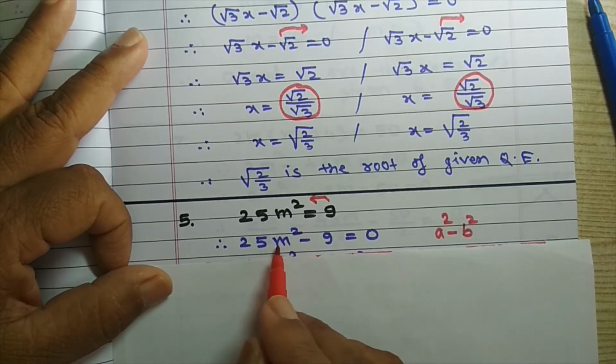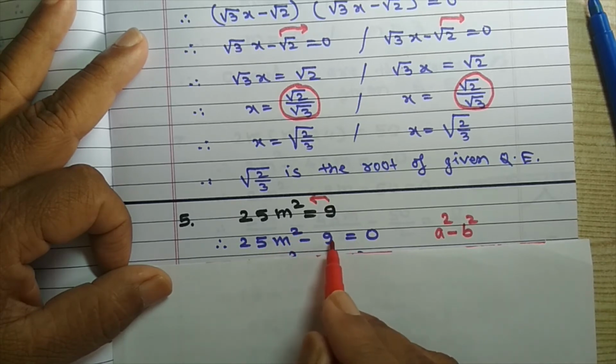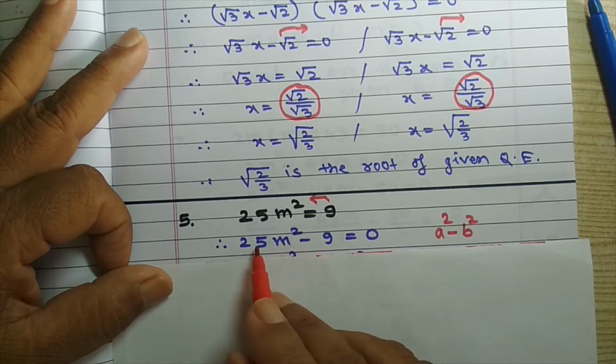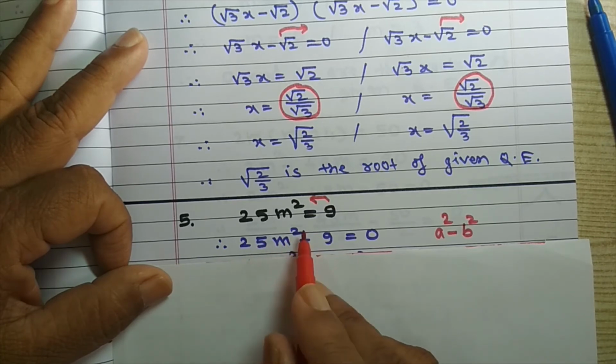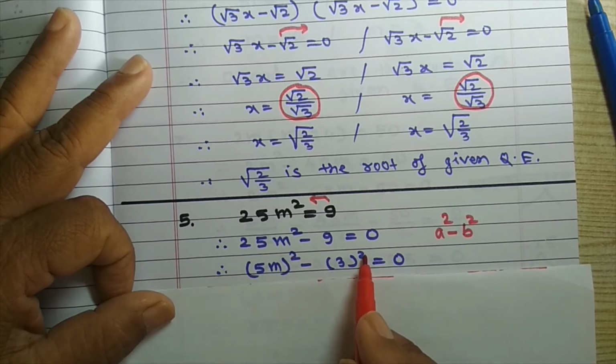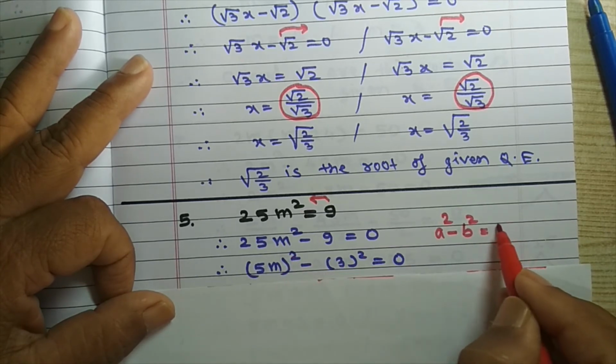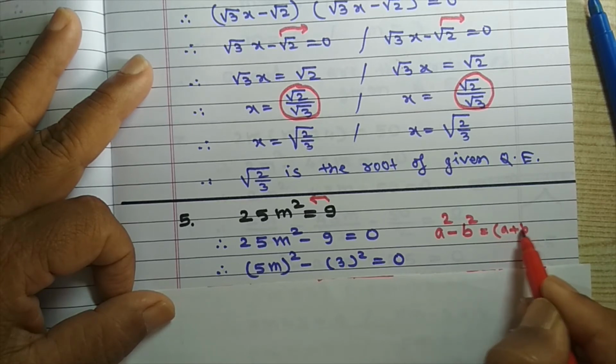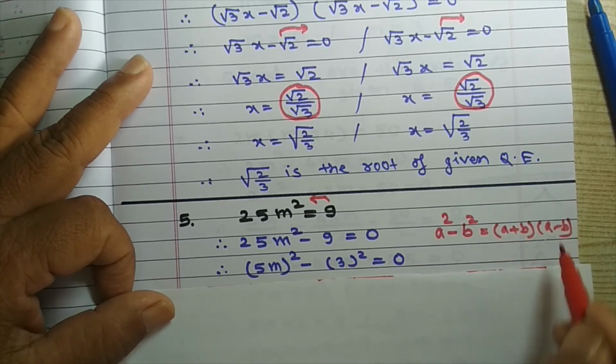25m square means (5m) square minus (3) square. 3 square means 9 and (5m) square means 25m square. So (5m) square minus 3 square, and its factors will be, we know that a plus b and a minus b.